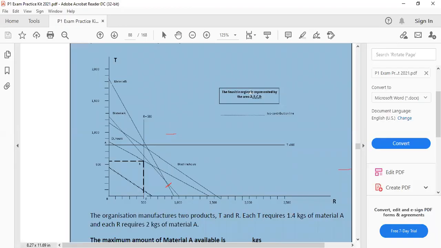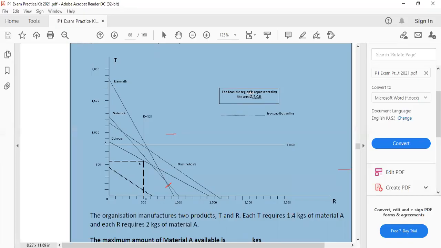Shouldn't it be that if it says 1.4 kg, some material requirement is, this is the requirement. So T requires 1.4 kgs of material A, but the production of T will not be taken up because T is not passing through the optimal solution. So even without producing any units of T, they can arrive at the optimal solution.